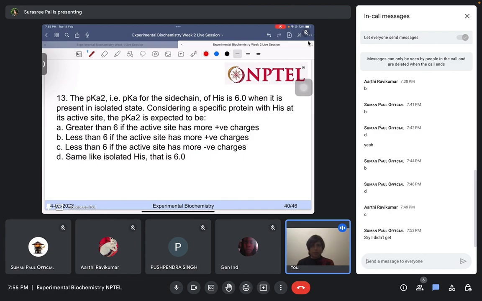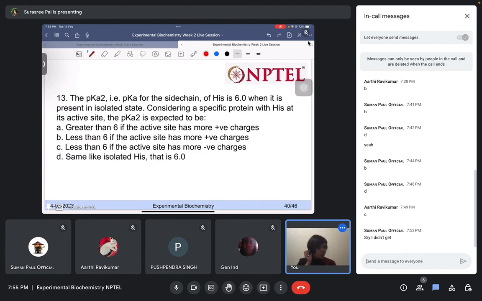When many positively charged amino acid residues are close together, it destabilizes the positive charge on the side chain of the histidine, which is why it is difficult to deprotonate it, and why it requires a lower pH.